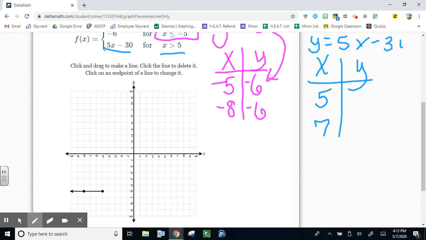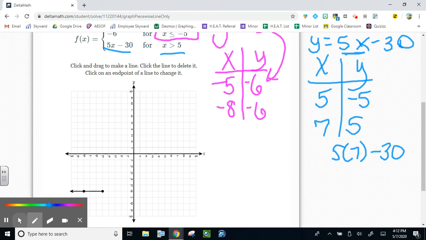You just pick a number. It doesn't really matter. So then I'm going to plug this in. I have 5 times 5 is 25, minus 30 would make negative 5. And then I can do my 5 times 7, which would be 35, minus 30, that would be positive 5. So there's 2 points for me to use.